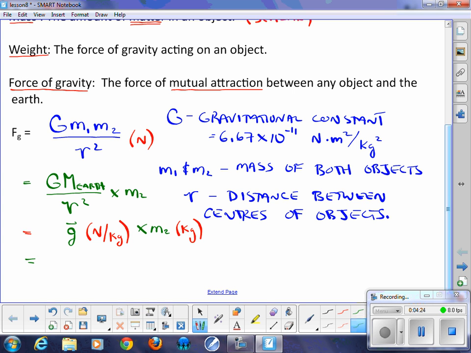So g is an acceleration, right? It's our 9.81. So we end up with, still in red here, our acceleration times our mass, to simplify, which is just ma. So there's your connection with force due to gravity and mass times acceleration, or F equals ma, Newton's second law.